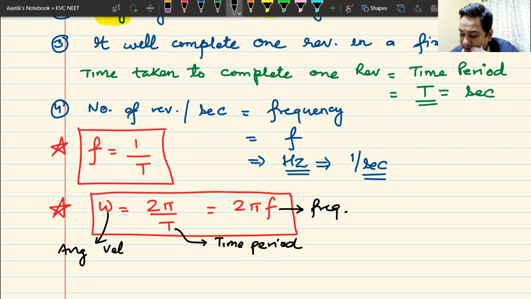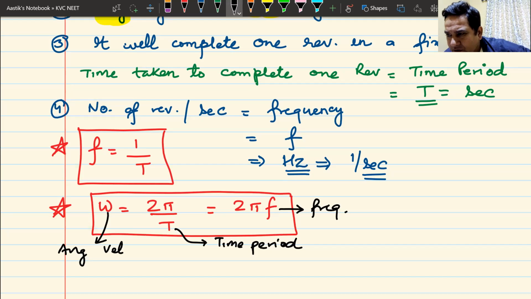Now this omega, which is angular velocity, has a very interesting name as well. We will not be using this name here in this chapter, but in your 12th standard, in the chapter on alternating current AC, we would be using it.